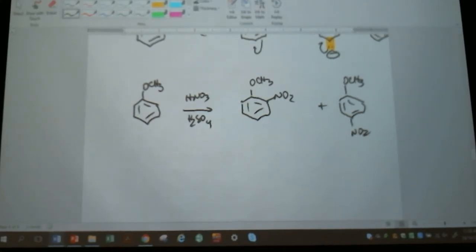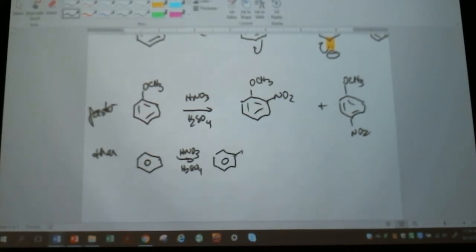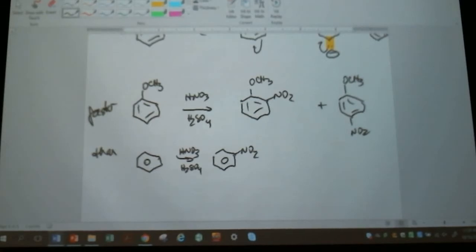This is faster than this reaction. So this is what we call an activator.